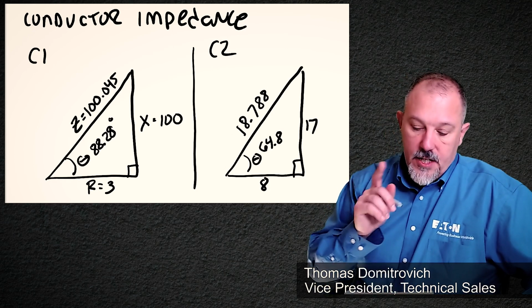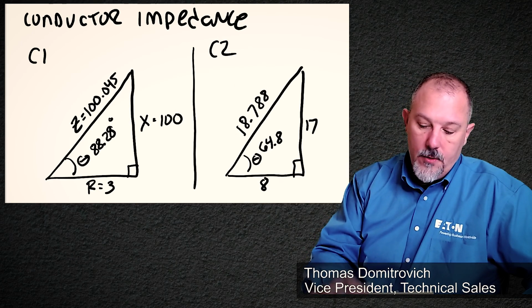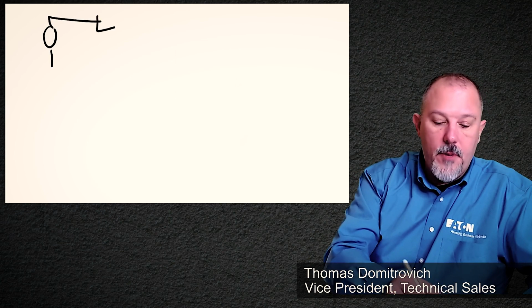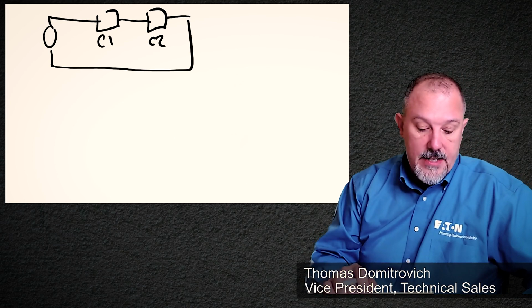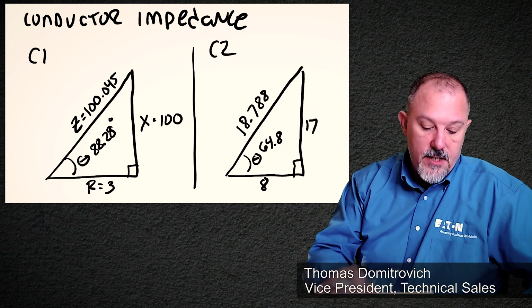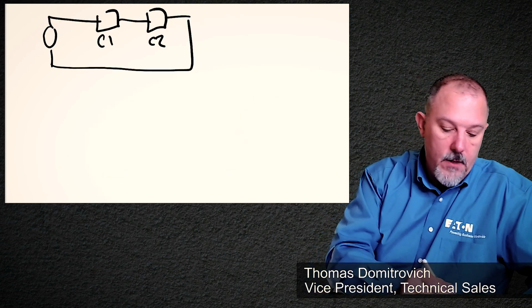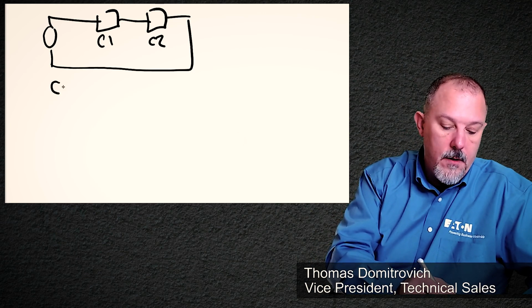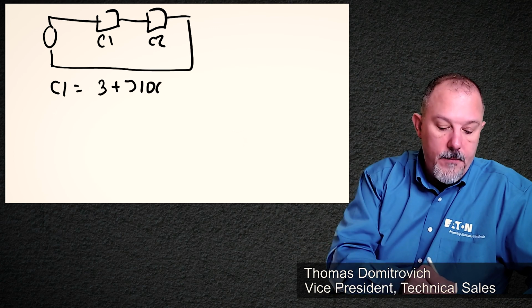All right, so what we're going to do now is create a circuit, and we're going to put both of these in series, C1 and C2. Now, what do we say? C1 is equal to 3 plus J100.